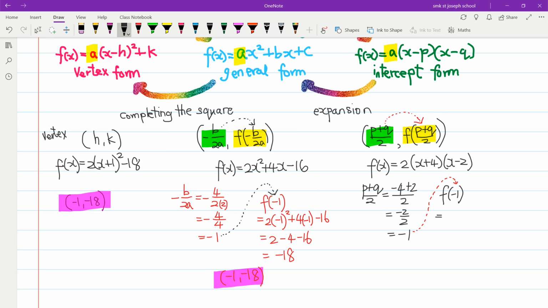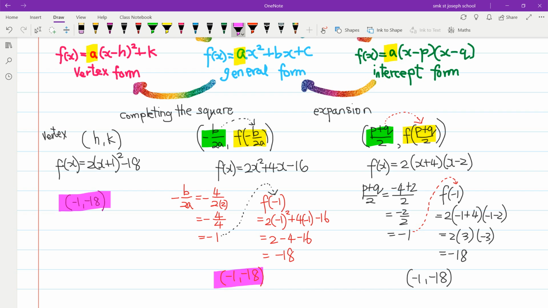Using the function in intercept form now, x is negative 1 plus 4, x is negative 1 minus 2. So I get 3 times negative 3, times 2, that is negative 18. Done. We get the same vertex of negative 1, negative 18.